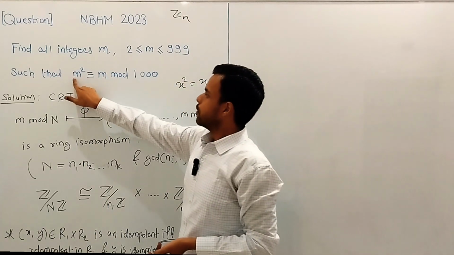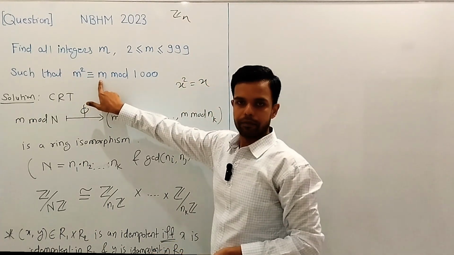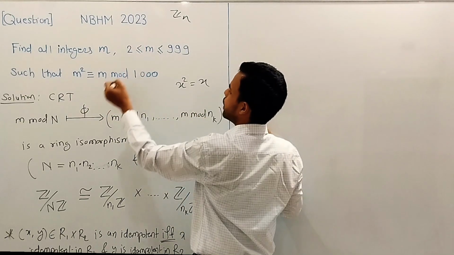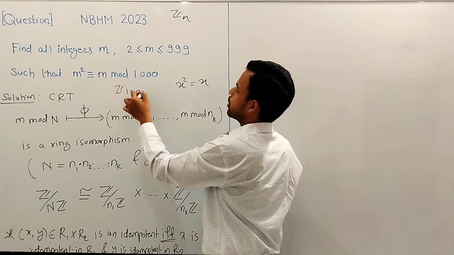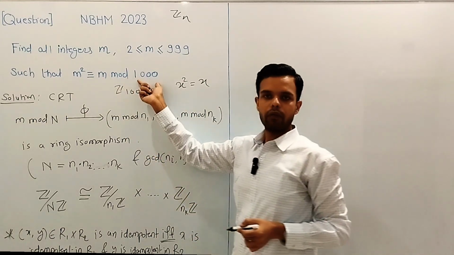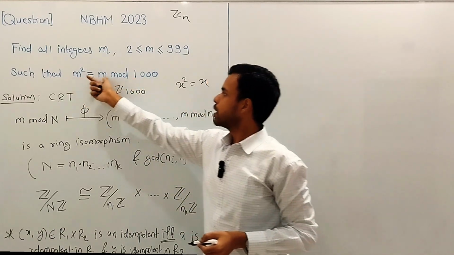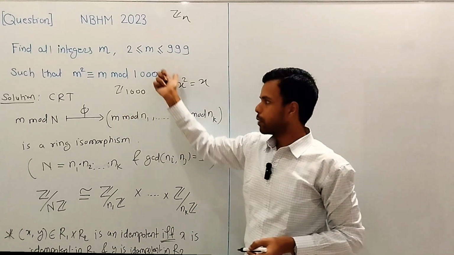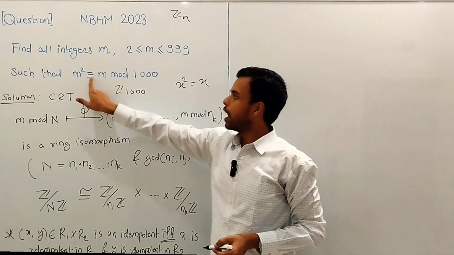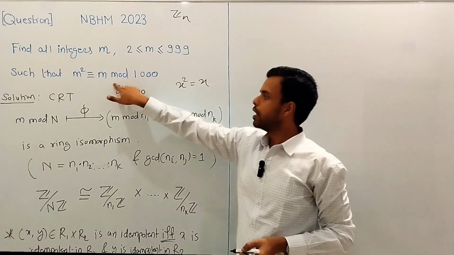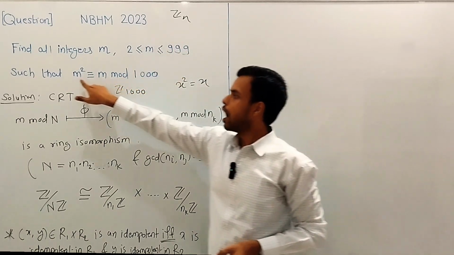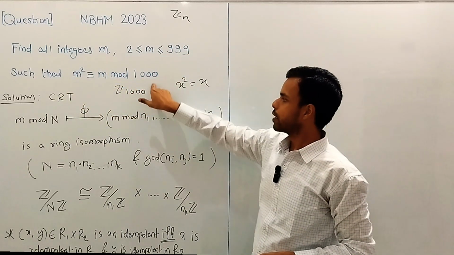So here m squared equals m, and we are in the ring Z1000. That's why we have considered modulo 1000. So m squared equals m in Z1000, which means that m is an idempotent element in the ring Z1000. So basically we have to find the idempotent elements in this ring.